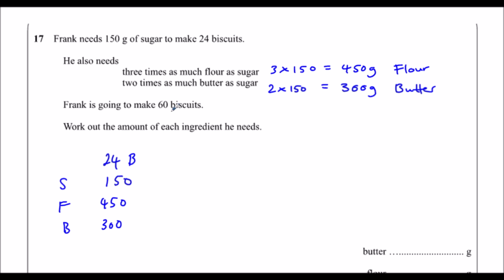And we need to get to 60. So if you had a calculator, you could divide by 24 to find out the amount for each biscuit. But that's not an option, really, without a calculator.